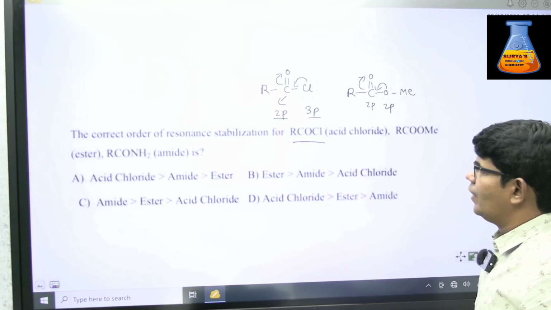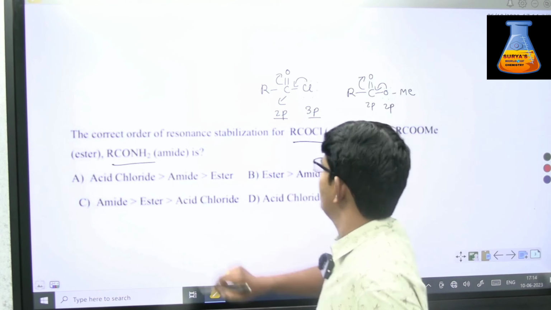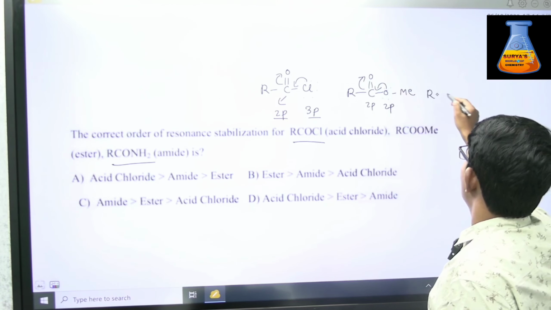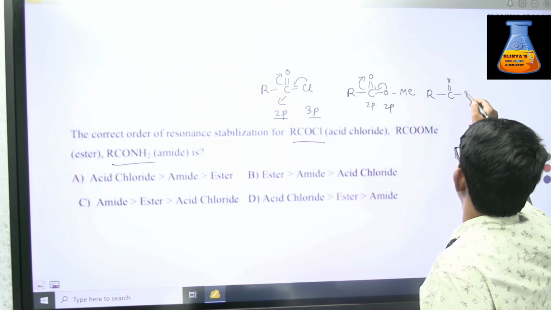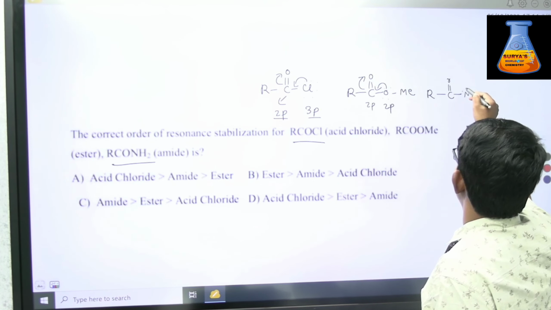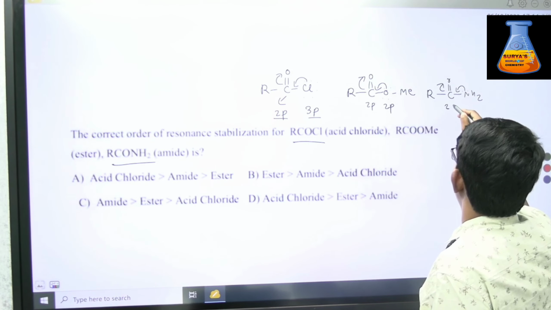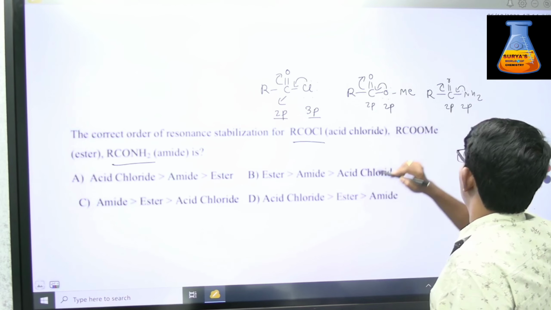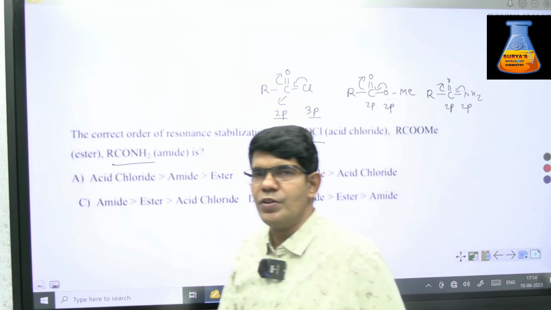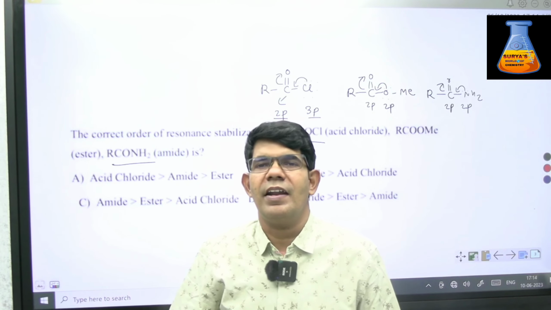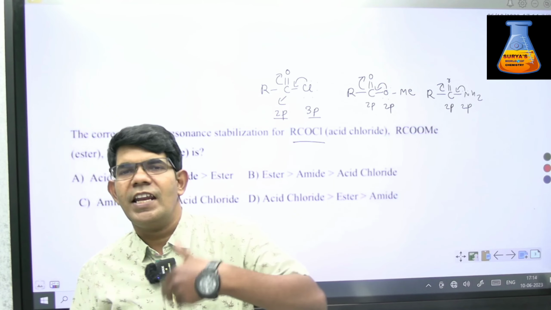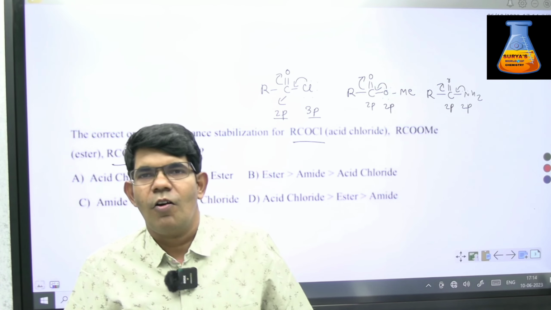Next, we have amide. When you go for amide, RC double bond O NH2, here also you have lone pair pi conjugation for 2p orbitals of carbon and 2p orbitals of nitrogen. Then how do you compare whether nitrogen can efficiently donate its electron pair or oxygen can?